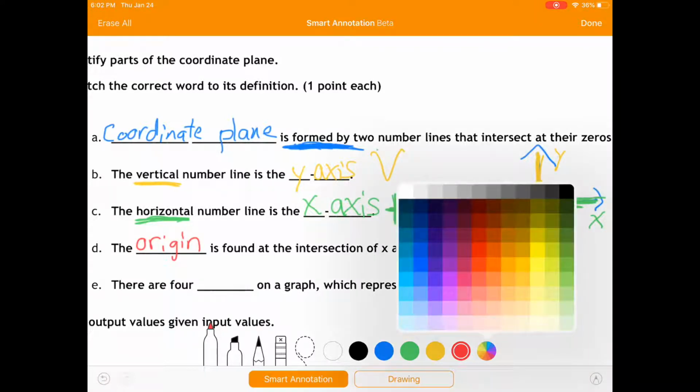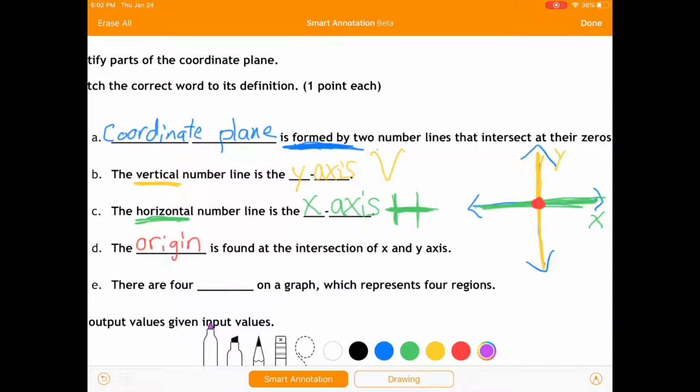And then for E, it says that there are 4 blank on a graph, which represents 4 regions. So when we talk about these two lines intersecting, they're going to create 4 regions. 1, 2, 3, and 4. These 4 different regions are called quadrants.